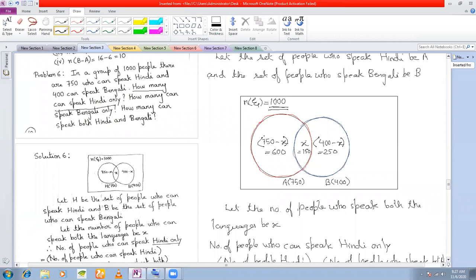But there is one exception. Suppose in this problem, if they would have said that there are 50 people who speak none of the languages, then what would have happened? Can anyone tell me what would have happened? Anushka, can you tell me?